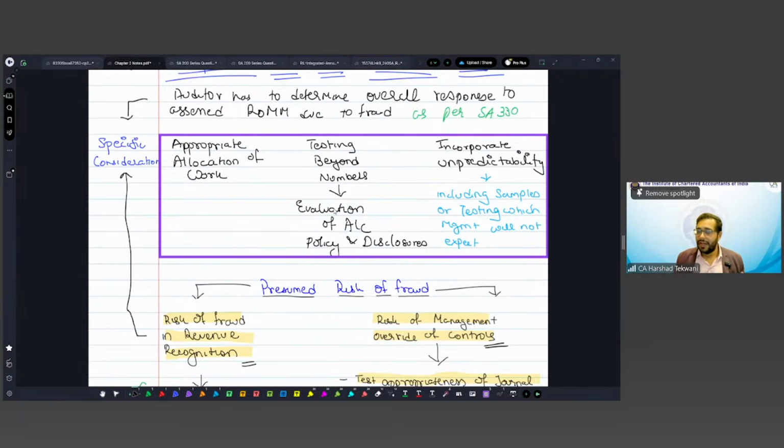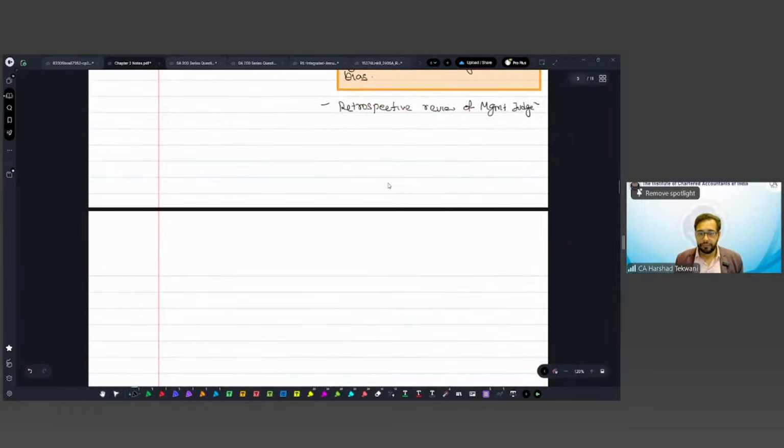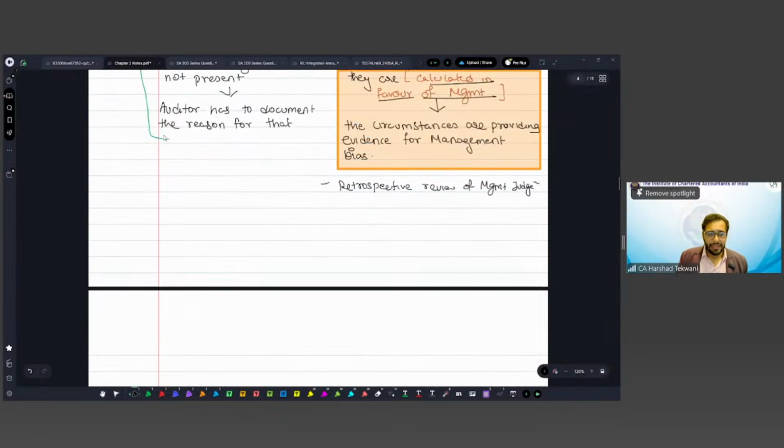Now let's consider another example. The company is a property management company. They receive rentals which are fixed as per contract.